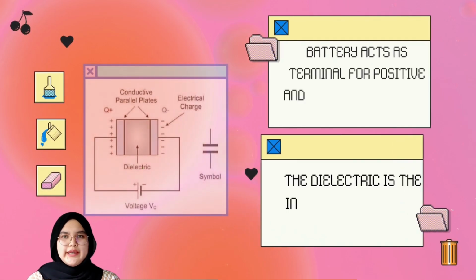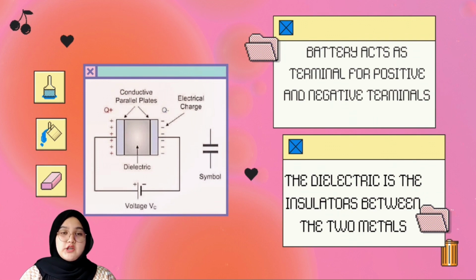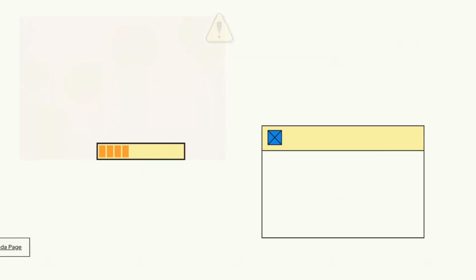If we look into the diagram here, the metals are connected with a battery. The battery gives a positive terminal and a negative terminal on each metal respectively. Note that the dielectric between the two is to make sure that the metal pieces do not touch.